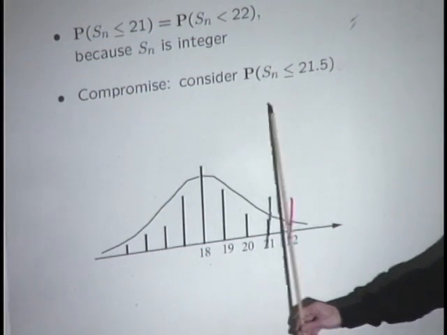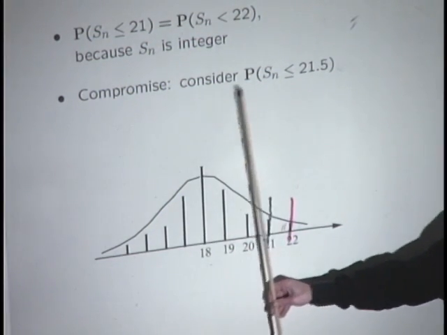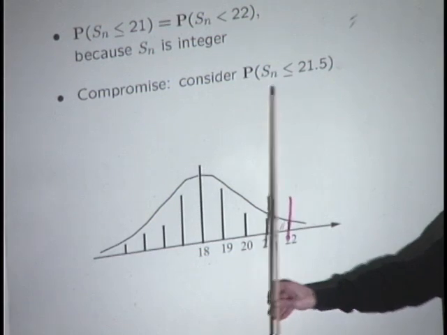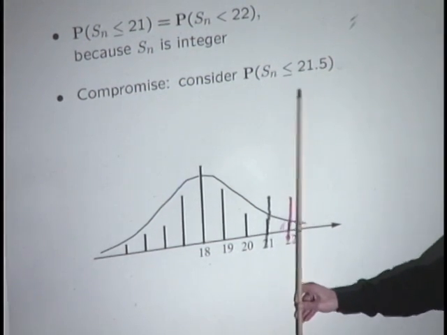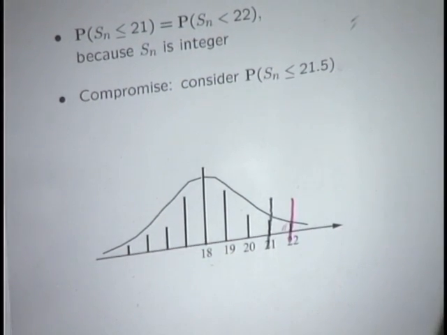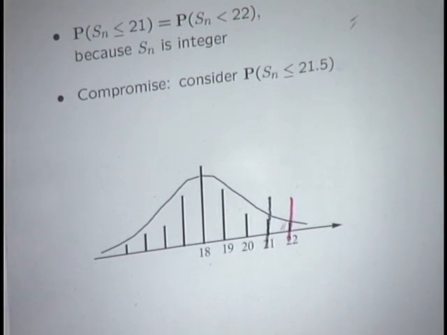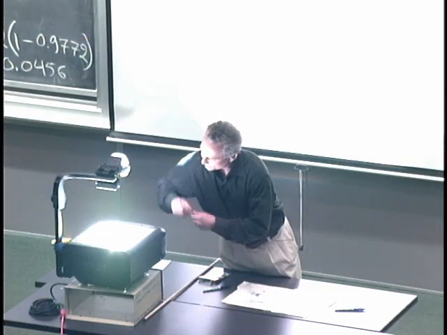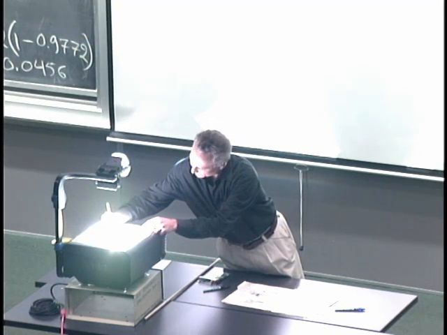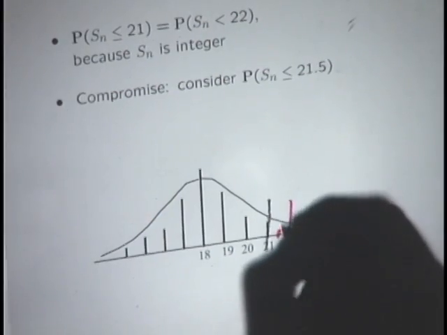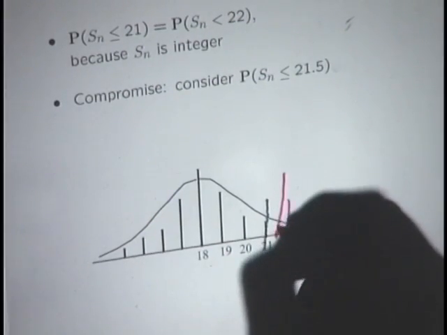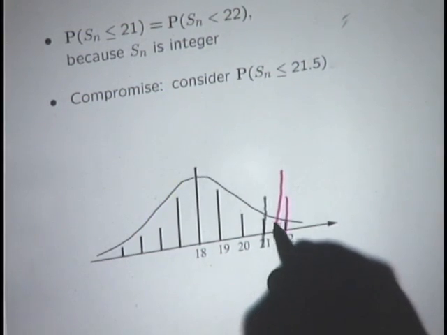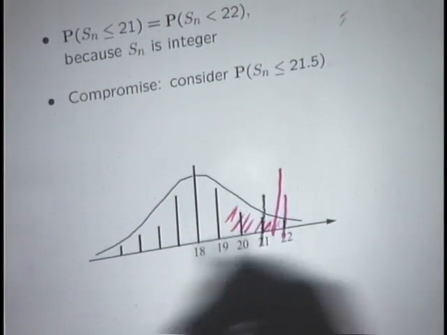It's a matter of whether you integrate the area under the normal curve up to here, up to the midway point, or up to 22. It turns out that integrating up to the midpoint is what gives us the better numerical results. So we take here 21.5, and we integrate the area under the normal curve up to here.